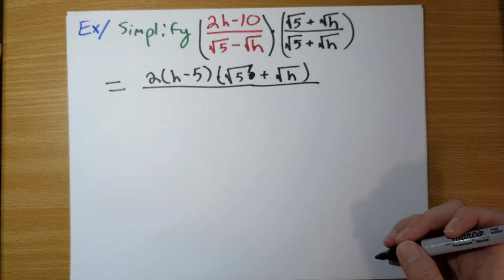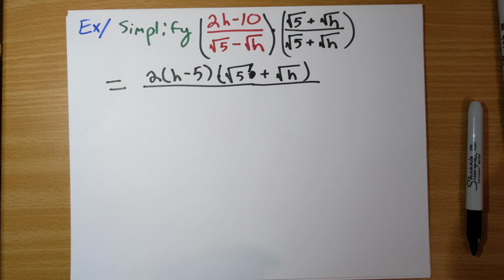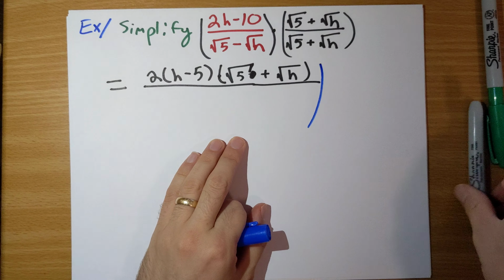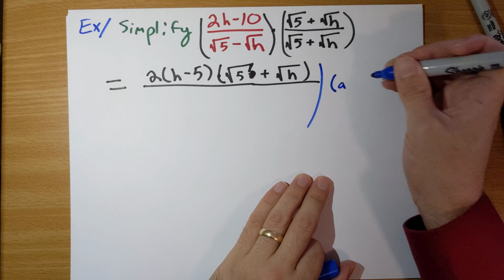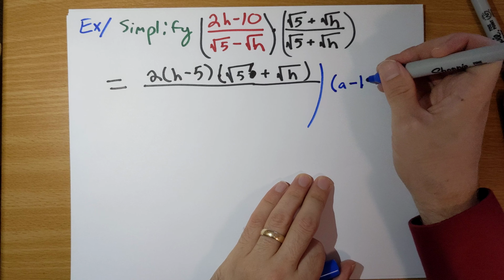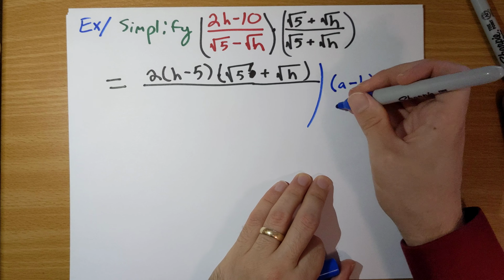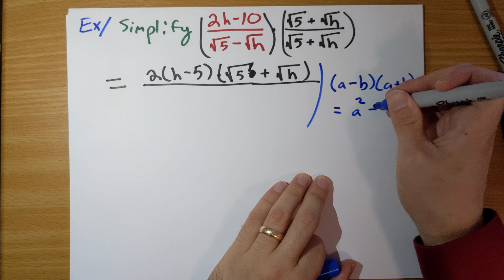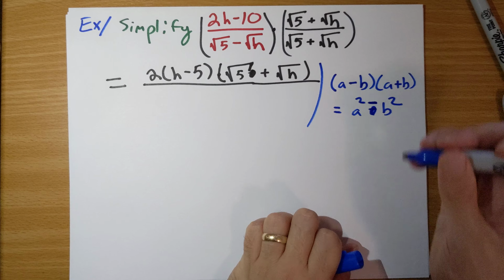And downstairs, realize that square root 5 minus square root h times square root 5 plus square root h is an example of the identity that we have (a minus b) times (a plus b) is equal to a squared plus b squared. Oh, sorry, not plus, but minus.